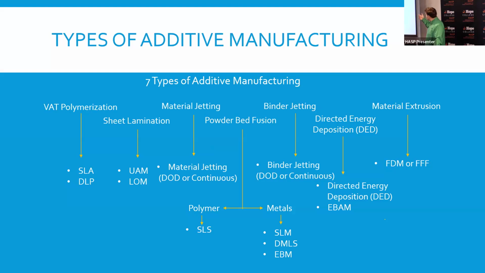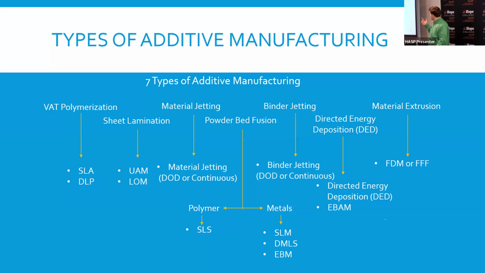Then you have sheet lamination, UAM, LOM, and material jetting, which is just material jetting. It has components that it could be DOD or continuous. Powder bed fusion, which you can either do with polymers or with metals. The polymer side has SLS, the metal side has SLM, DMLS, and EBM.